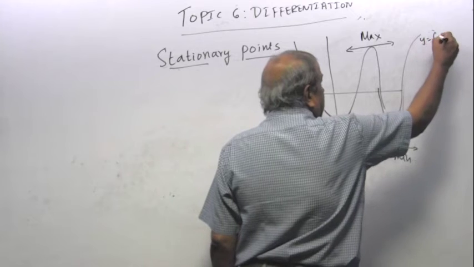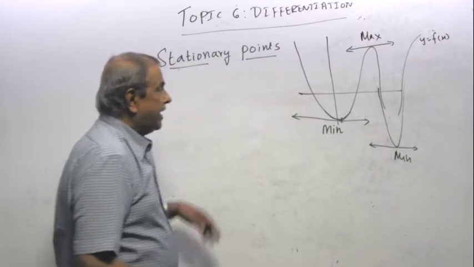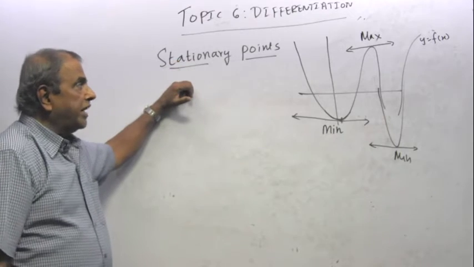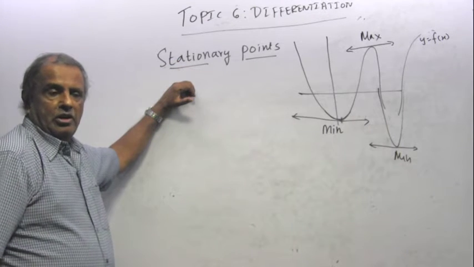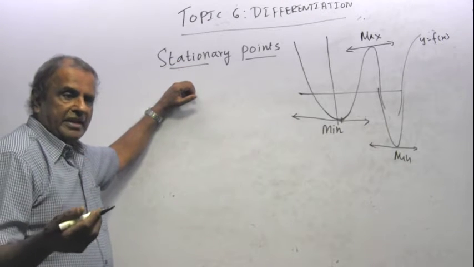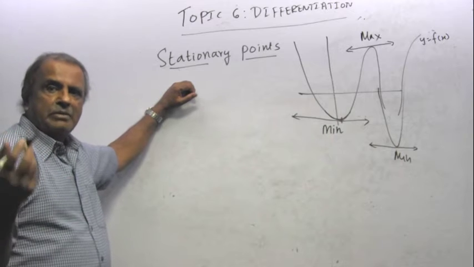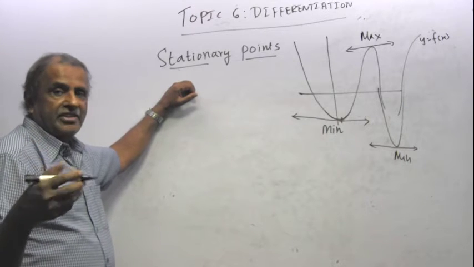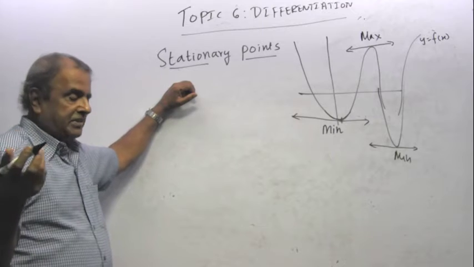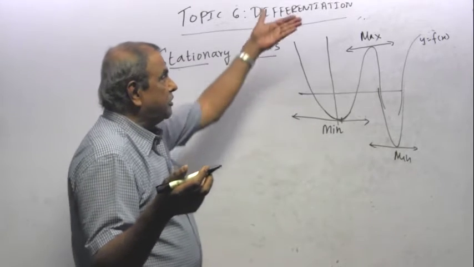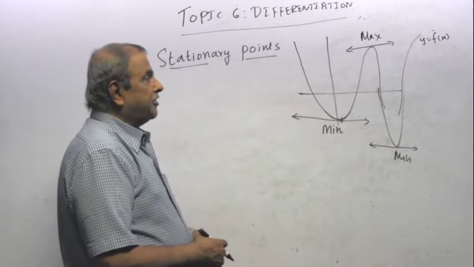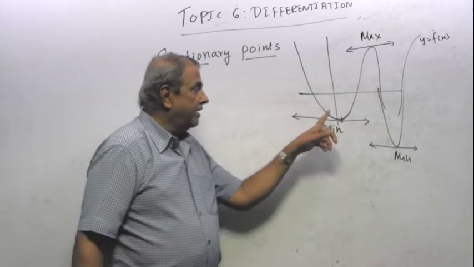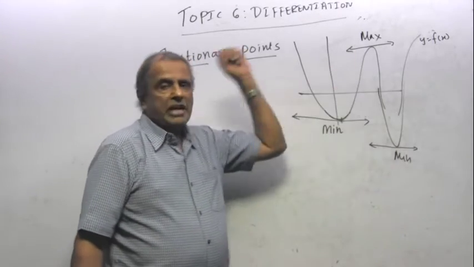So in other words, if you want to find the stationary points on a curve, you use the fact that the gradient at that particular point is 0. That means the gradient, dy by dx or f dash of x, is put equal to 0 to find stationary points on a graph. But then you have to decide whether it's a minimum or a maximum.